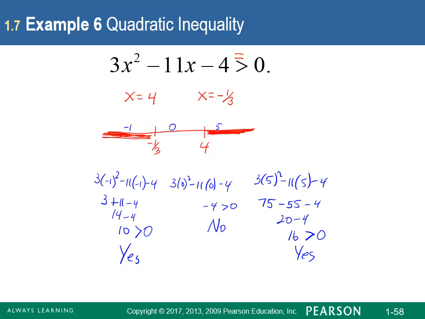As I said in the previous problem, the symbol here, since it does not have the line under it, is an open circle. To write the interval notation, the left side of this shaded region is negative infinity. The right side of this shaded region is negative 1/3.